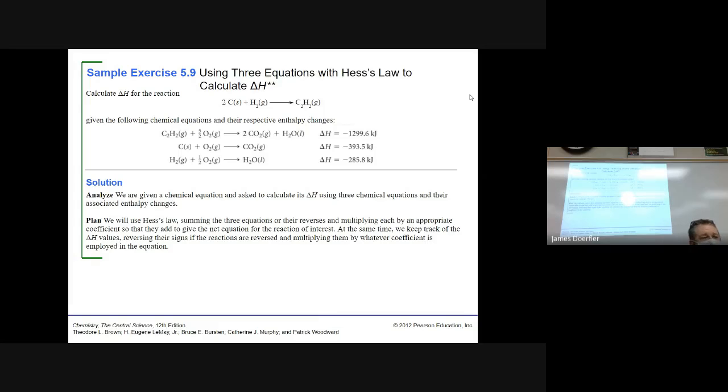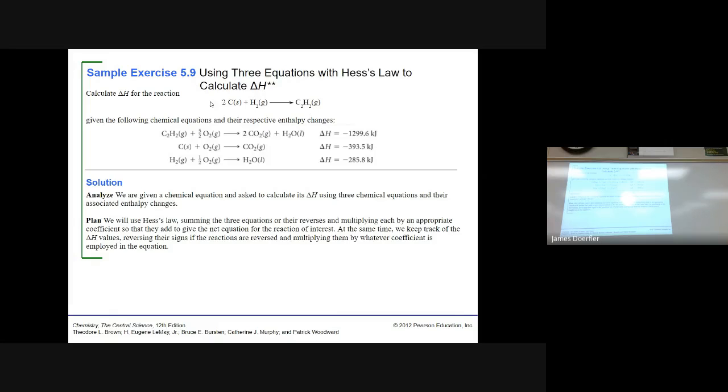So we are to calculate the delta H for the reaction listed here. This right here is our target equation. So although it looks very small in comparison to what we have to manipulate, it's going to all work out, okay? So 2 carbon as a solid plus H2 gas yields C2H2 gas.